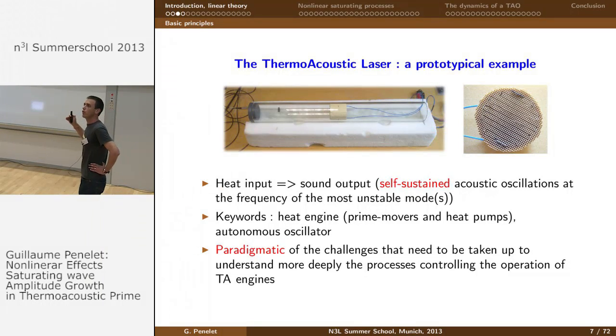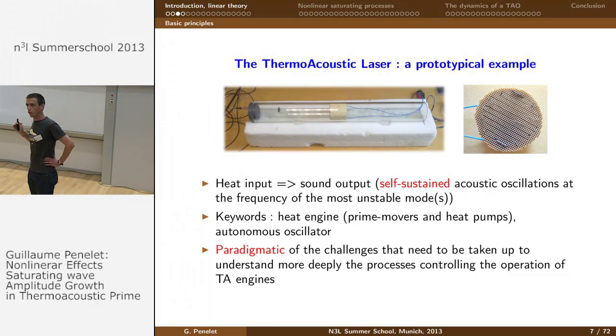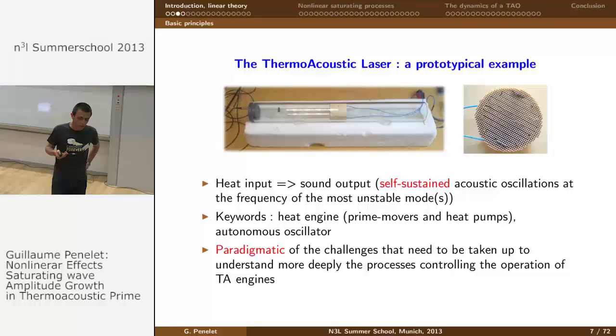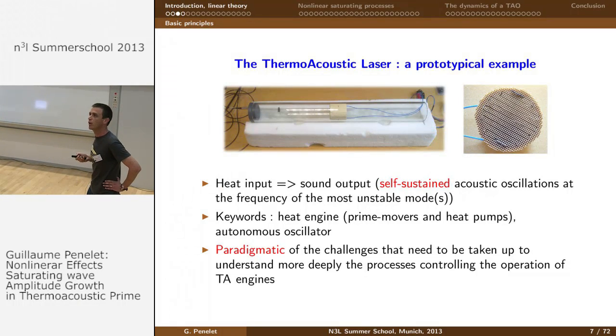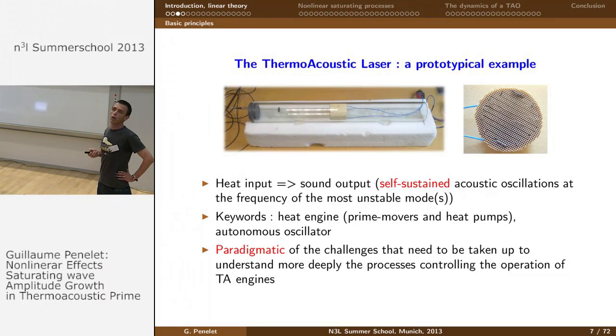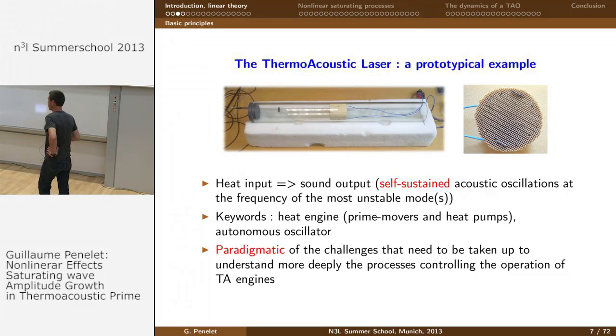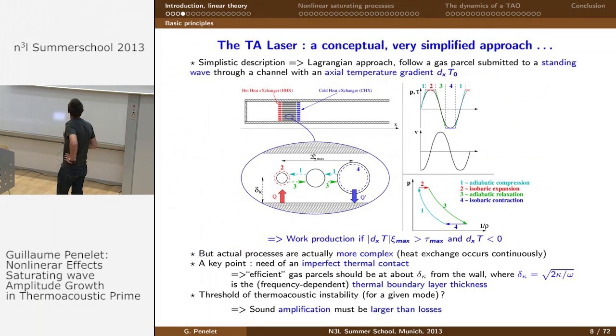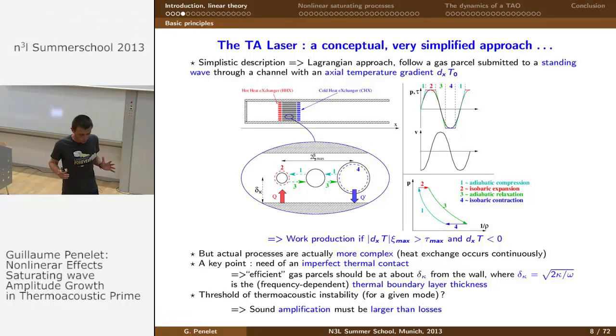And above a critical value of this temperature gradient, we will have the onset of self-sustained acoustic oscillation at the frequency of the most unstable acoustic mode, which is generally the first mode of this waveguide. Okay, so the next question is, how does it work?